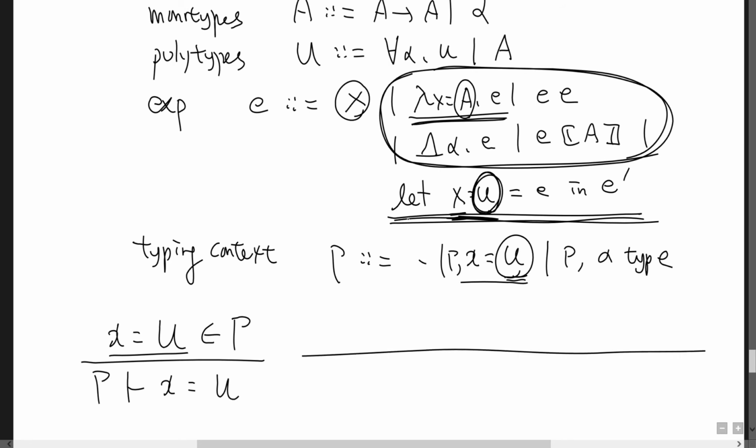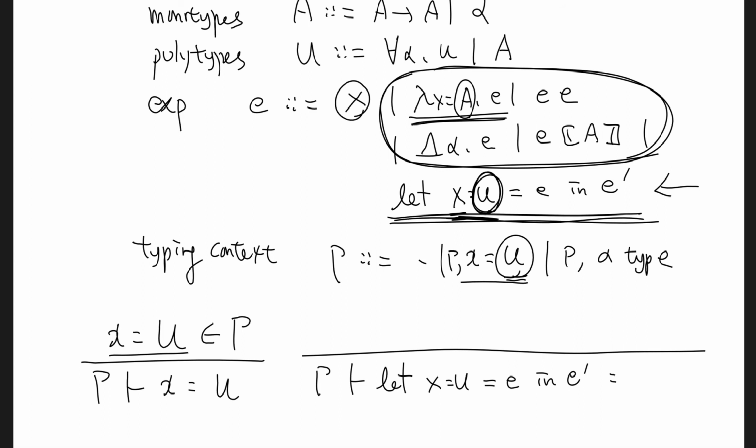And we need a new typing rule for this let binding. So how do we decide the type of this let binding? It is actually easy to define the typing rule for this let binding because there's no type reconstruction.